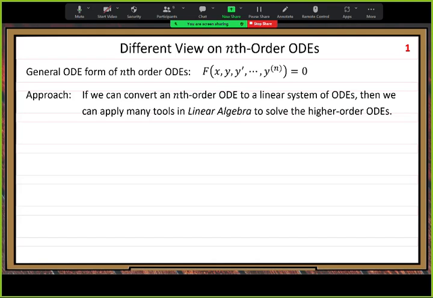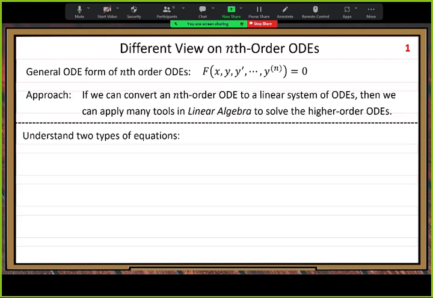That can greatly improve our problem solving skills. All right, so let's look at how to do the conversion. The conversion is pretty simple and straightforward.